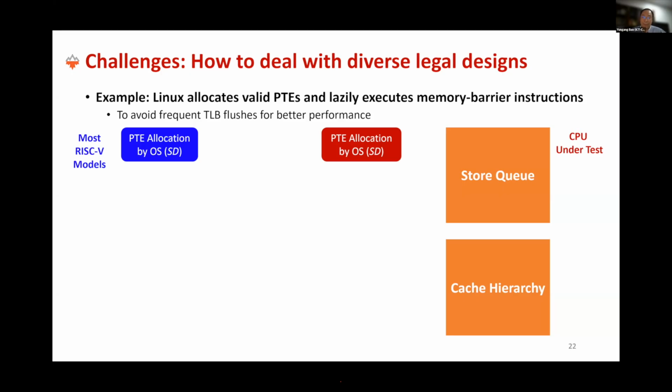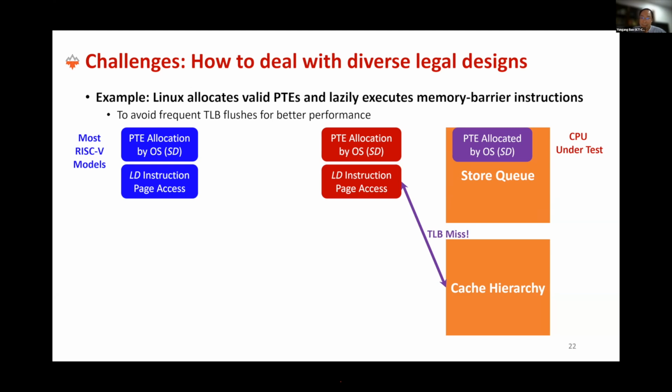The left is the very traditional, normal execution path: PTE allocation by the operating system, which is a store instruction. But for the right path, the store instruction's data was buffered in the store queue, and later the data was not written back to the cache hierarchy.